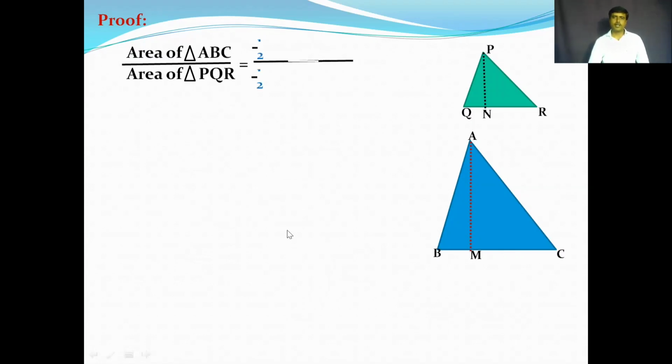That is, area of the triangle ABC is equal to half into base, which is BC in ABC, and in PQR I am taking QR as base, into height. So for BC the corresponding height is AM, and for QR the corresponding height is PN, altitude, shortest line.